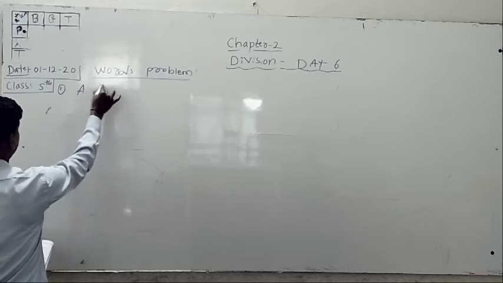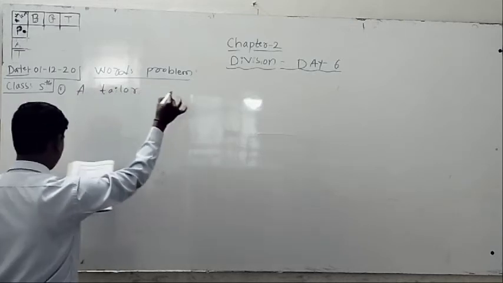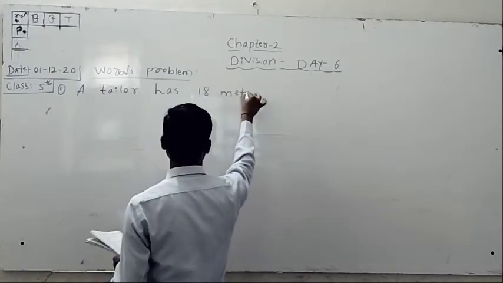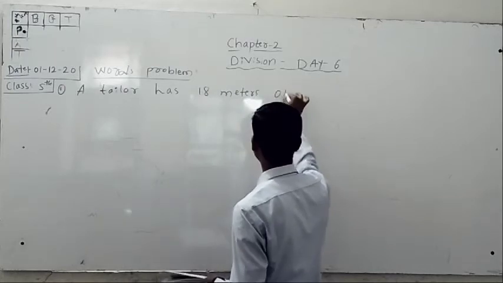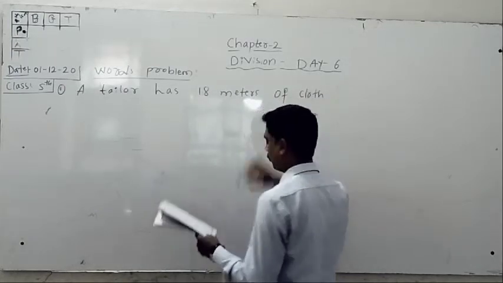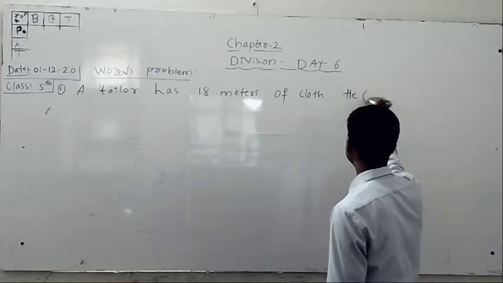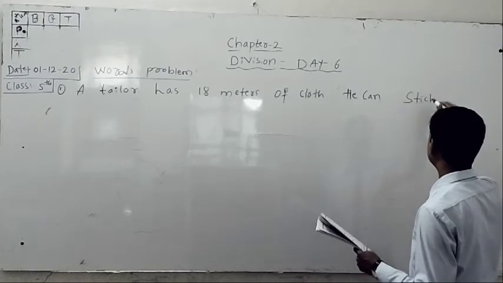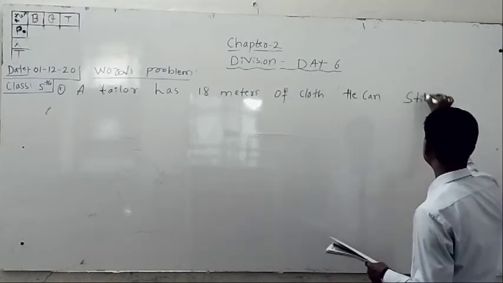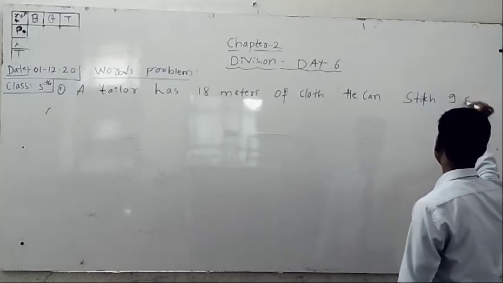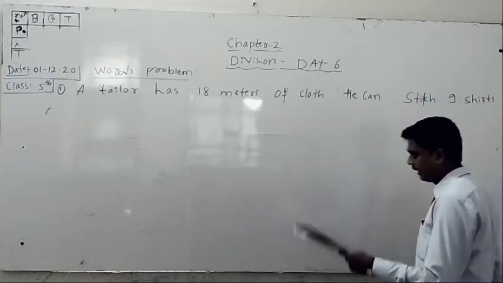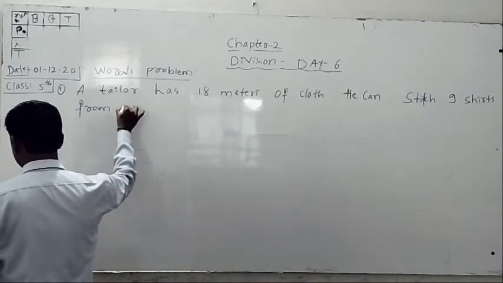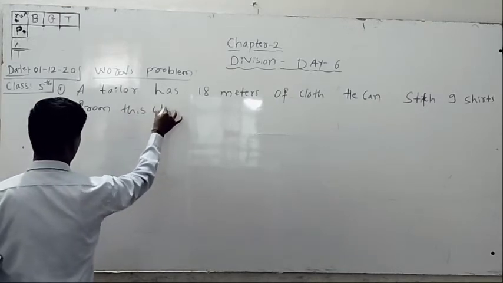A tailor has 18 meters of cloth. He can stitch 9 shirts from this cloth.